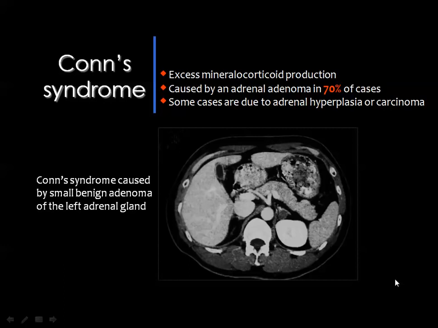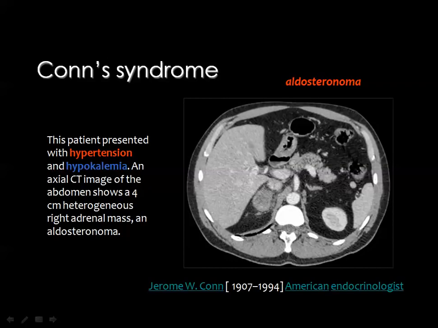Then it does not mean that the lipid-rich adenoma is an innocent lesion which does not produce any symptoms. It may be functioning, and if it is functioning, it will produce one of two, either the Conn syndrome or the Cushing syndrome. Then the presence of hypertension and hypokalemia in a patient with an adrenal mass or adrenal adenoma is almost diagnostic of Conn's syndrome.